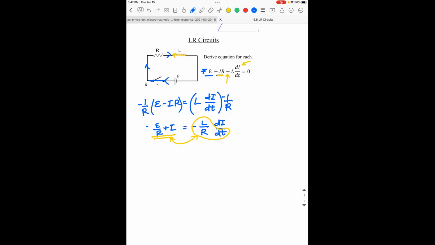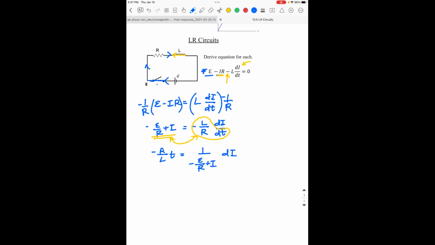And by doing that algebra, I end up with the reciprocal, negative R over L dt, is equal to 1 over negative EMF over R plus I dI.